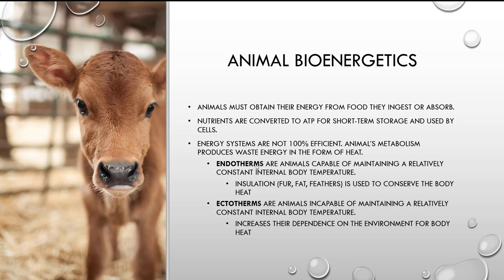Ectotherms are the opposite. They are incapable of maintaining a relatively constant internal body temperature. They still undergo chemical reactions just like we do, but they don't maintain a constant internal body temperature. Their body temperature fluctuates throughout the day based on the temperature of the environment. For example, if you think of a lizard, in the morning hours you might see a lizard basking in the sun.